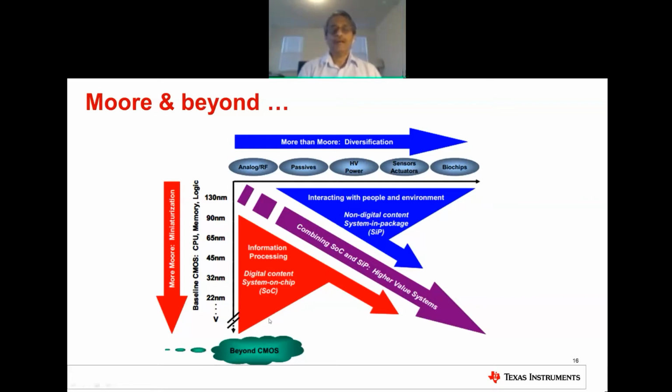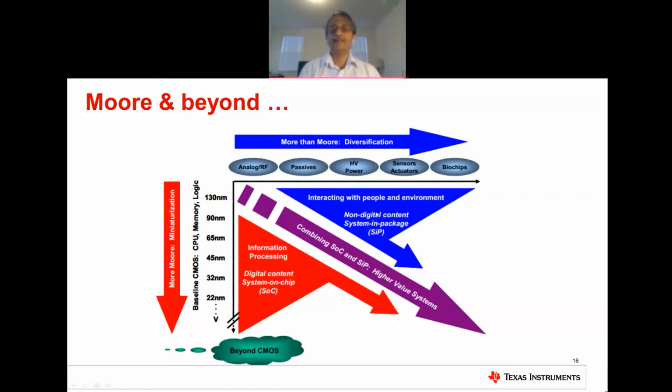The other interesting dimension also is that instead of taking all these electronics and integrating monolithically on a single die, that's what we call a system on a chip. There is this trend of instead of doing everything in a single chip, can I do it inside a package?